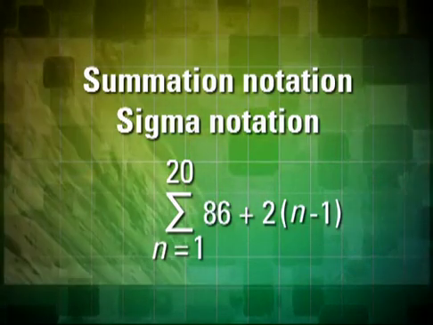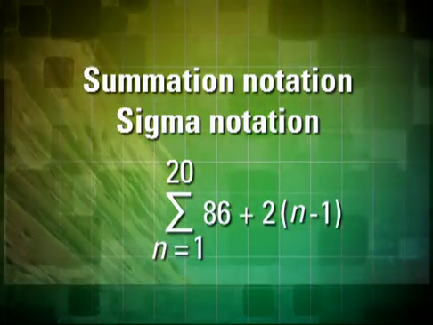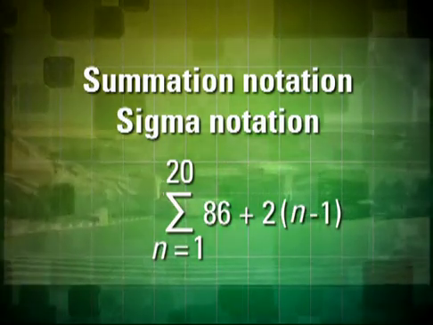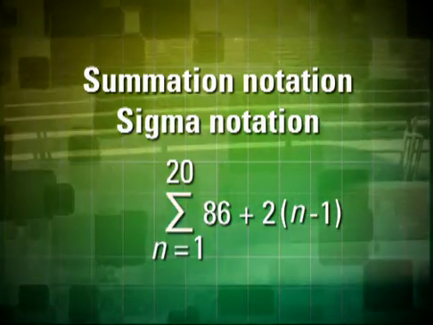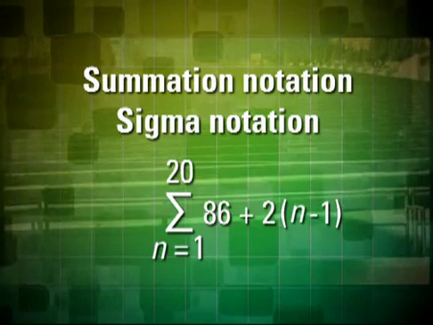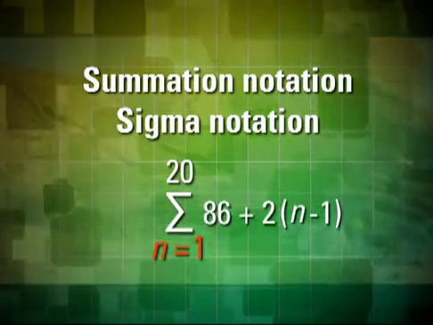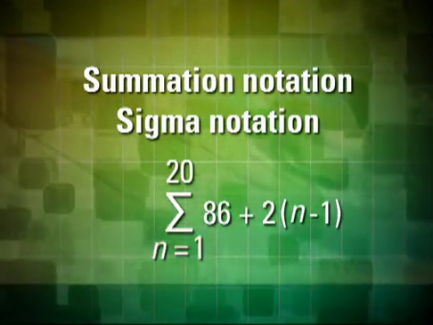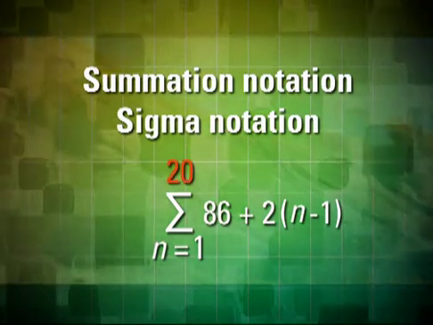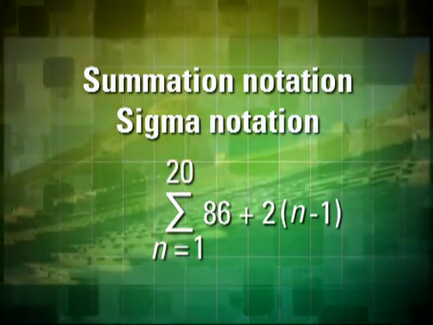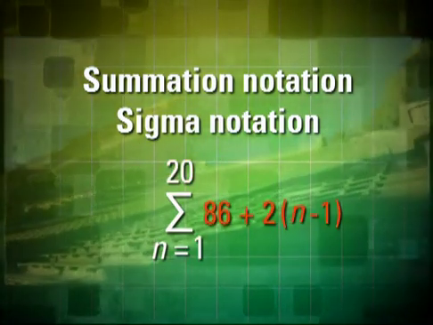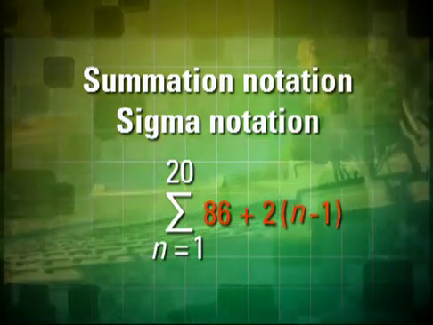To write the sum of the first 20 terms of the Red Rock sequence in summation notation, start with sigma. Beneath it, define the index of the first term of the sequence to be used in the sum, n equals 1. Above it is the index of the last term, 20. To the right of sigma is the formula for the sequence, 86 plus 2 times n minus 1.